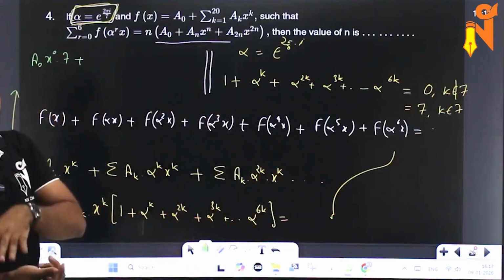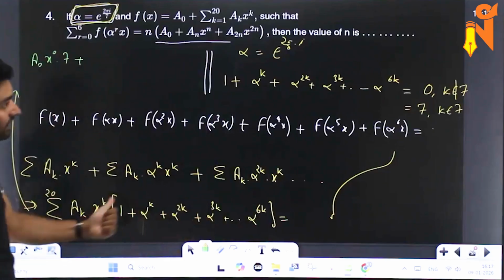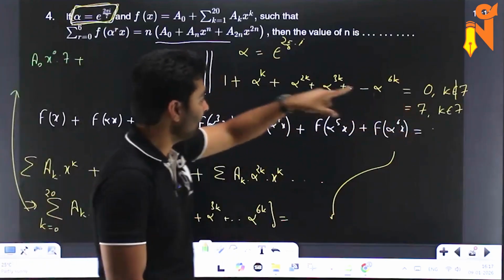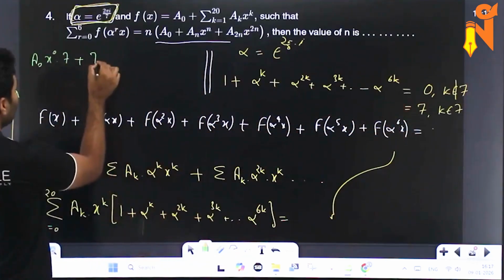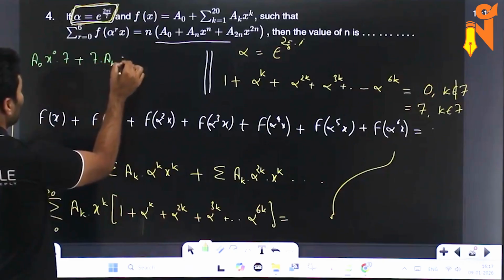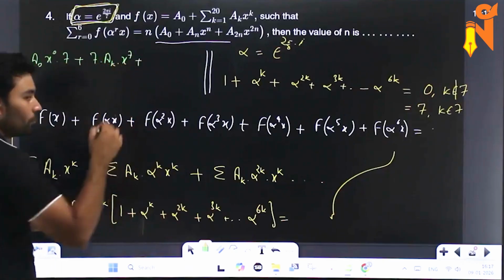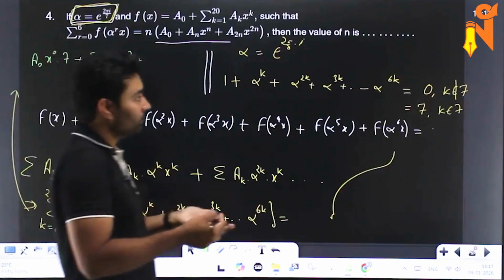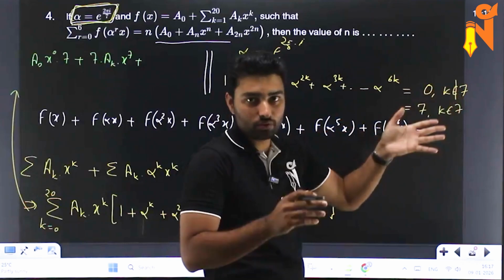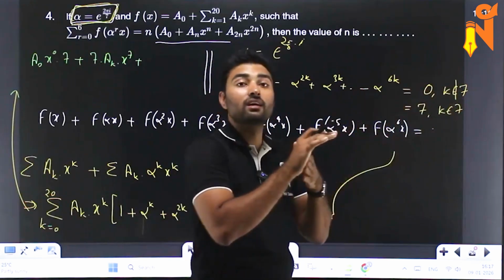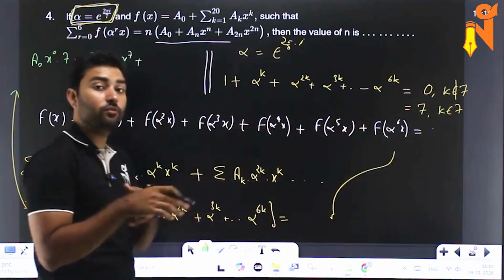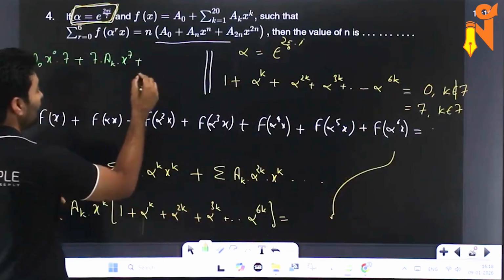Now you will put 7. When you put k equal to 7 here, it is a multiple of 7, so you will get 7. So 7 into a7 into x power 7. Now put 8. 8 is not a multiple of 7, again you will get 0 up to 13. Then put 14, so you will get 7.